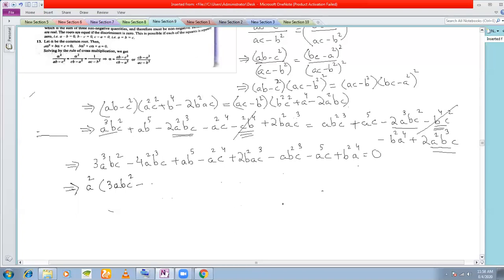I will see 8 e square minus 4 e 3c and a only. So here I have a single e, right?